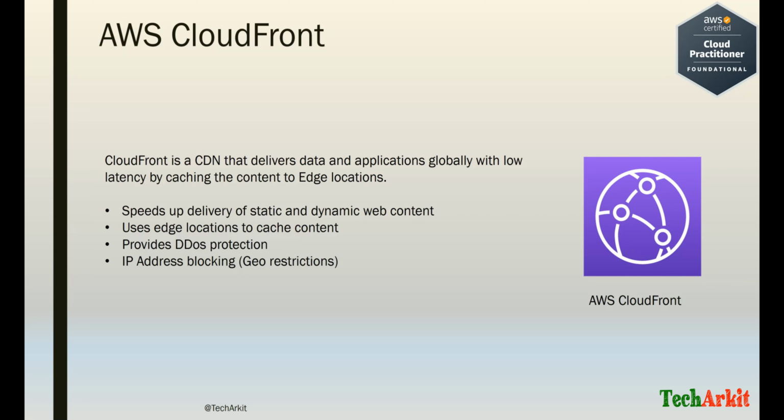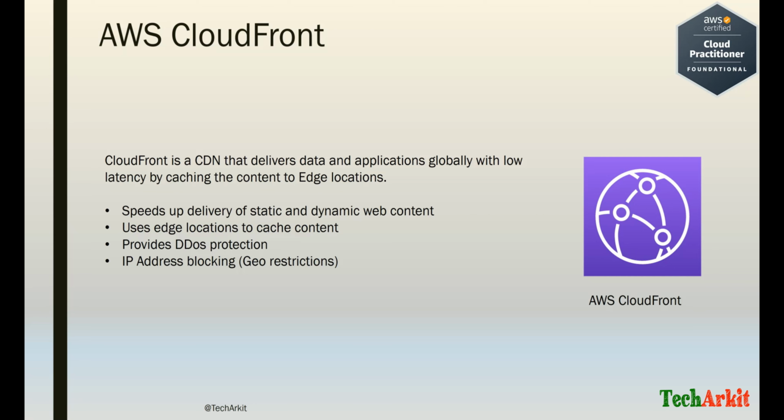It speeds up delivery of static and dynamic web content, uses edge locations to cache the content, and provides DDoS protection. So CDN will automatically provide DDoS protection, so you cannot poison the DNS and load the content. That way it is protected.